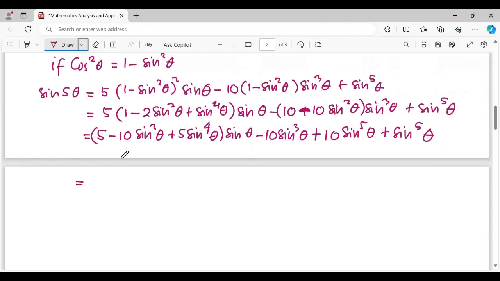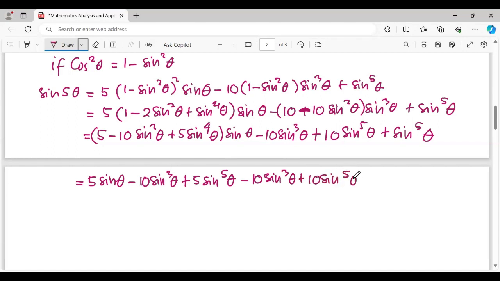And the next step: 5 sine theta minus 10 sine cubed theta plus 5 sine to the power 5 theta, minus 10 sine cubed theta plus 10 sine to the power 5 theta plus sine to the power 5 theta.